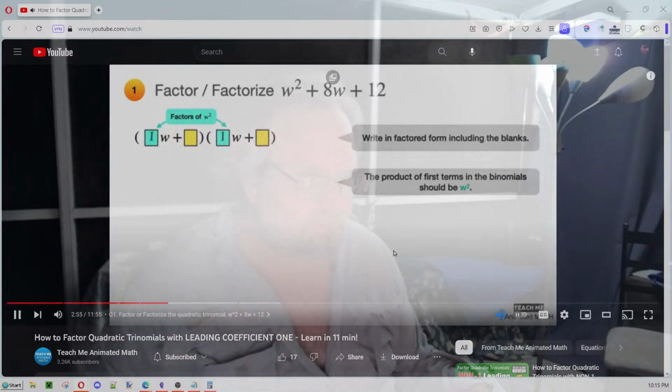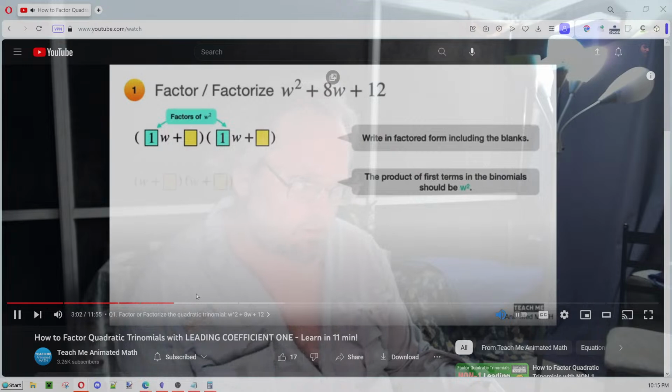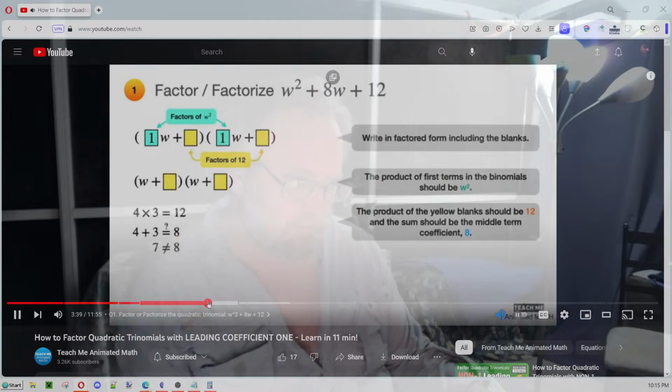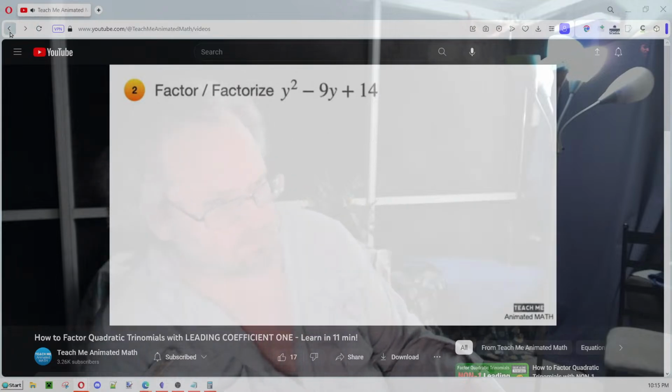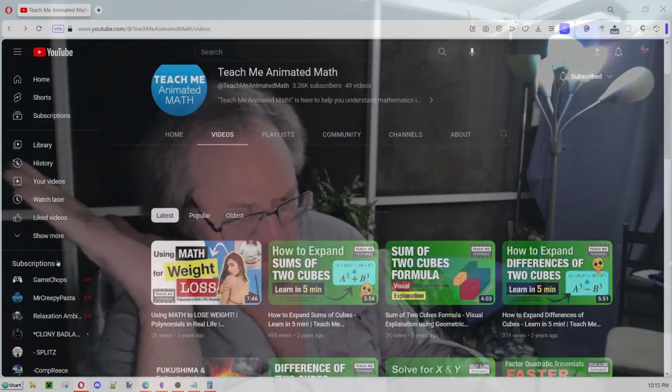And the only factors in this case are 1 and 1. As mentioned earlier, we will only be factoring quadratic trinomials with leading coefficient 1. This means that the coefficient of the first terms in the binomials will always be equal to 1 moving forward. This will greatly simplify the factoring.